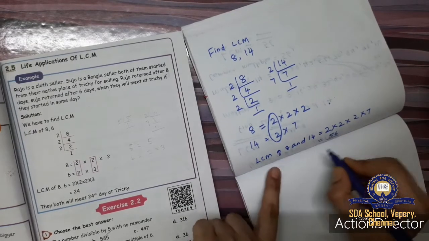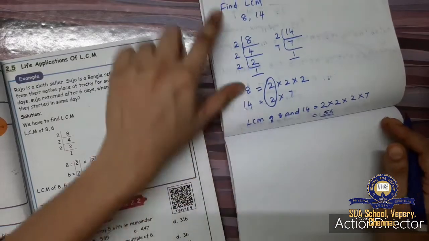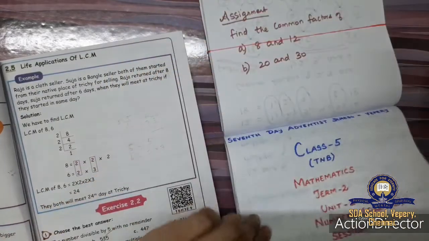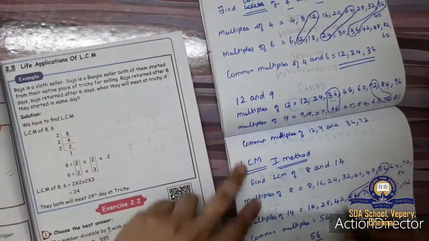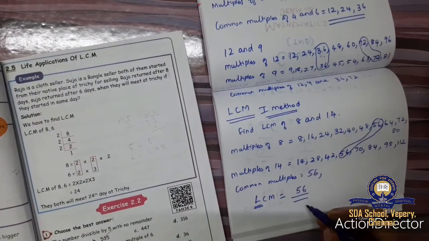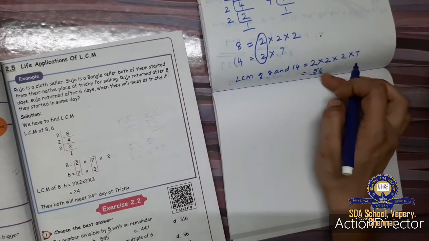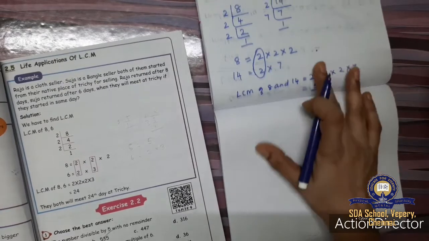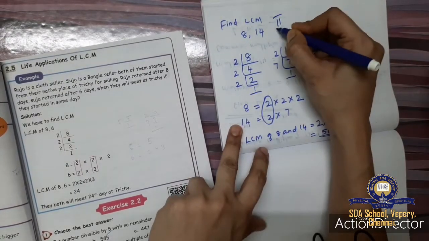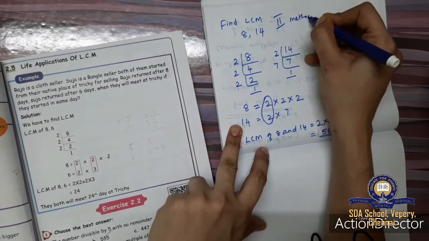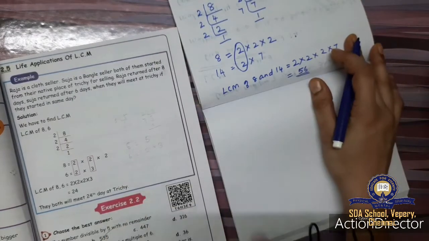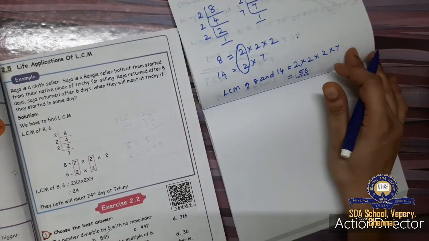So the LCM for 8 and 14 is 56. By doing in this method also we got the answer as 56. So there are two methods, and you can use either method.